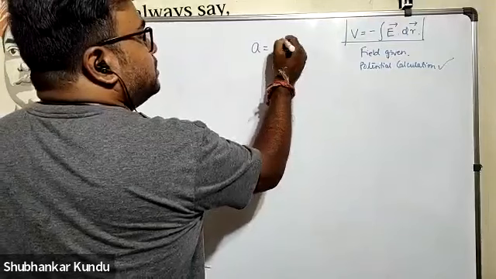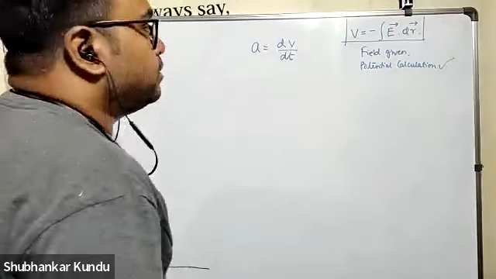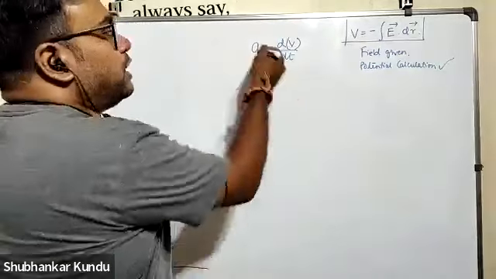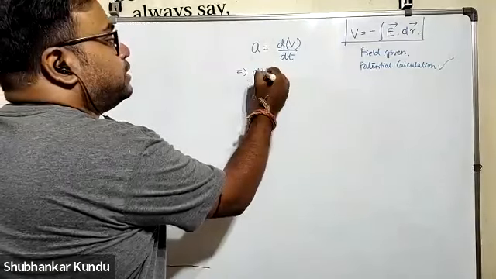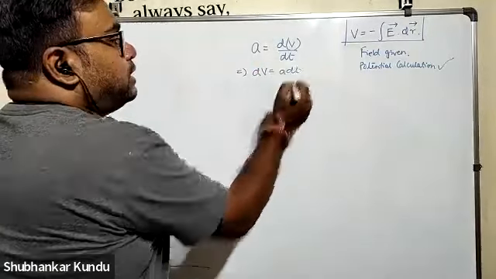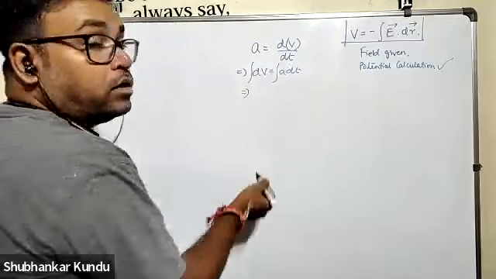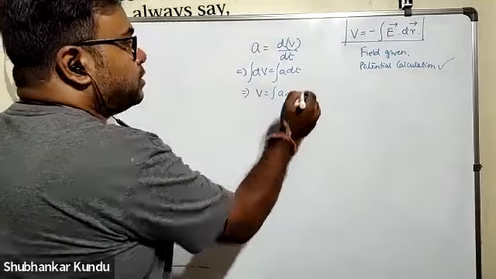Acceleration is what? dv dt. We are differentiating velocity with respect to time and we are having acceleration. So dv is equal to a dt. Put an integration sign. Integration of all dv will be what? Velocity is equal to integration a dt.